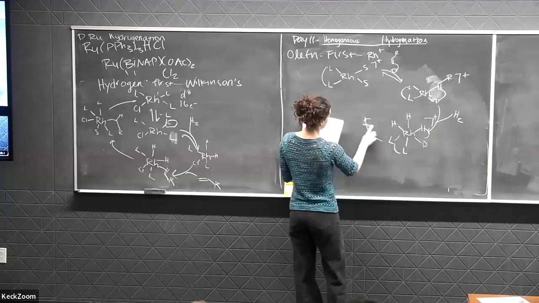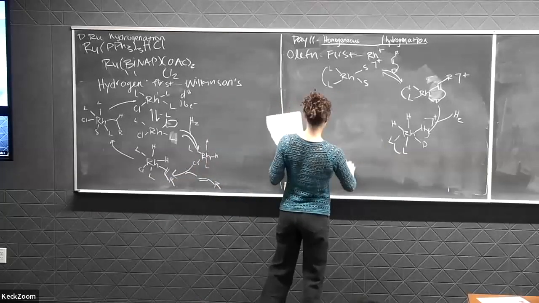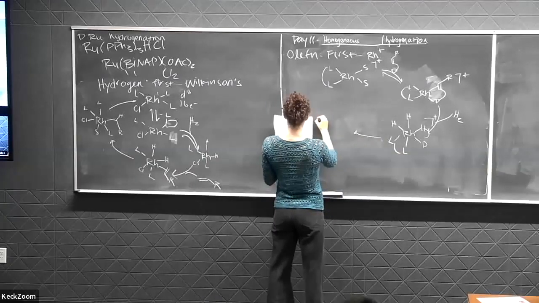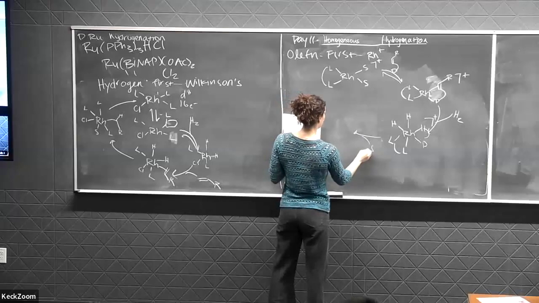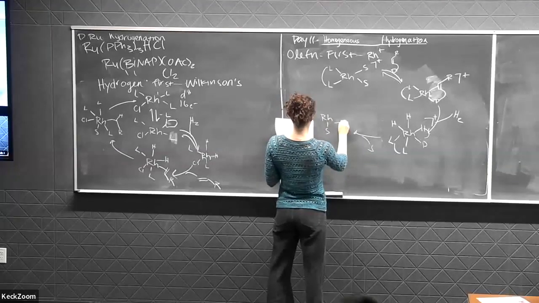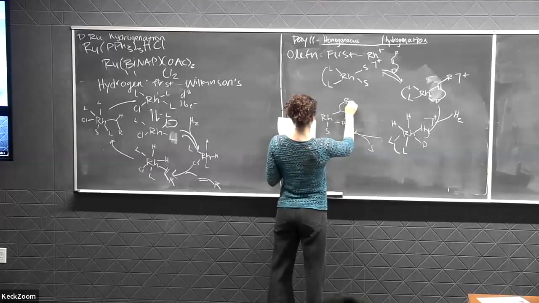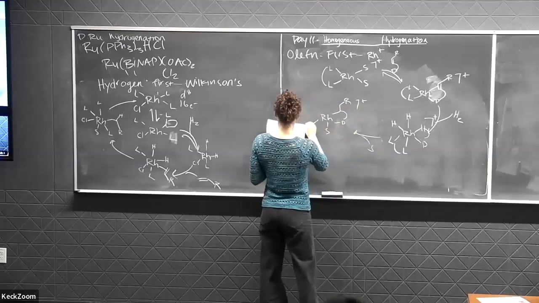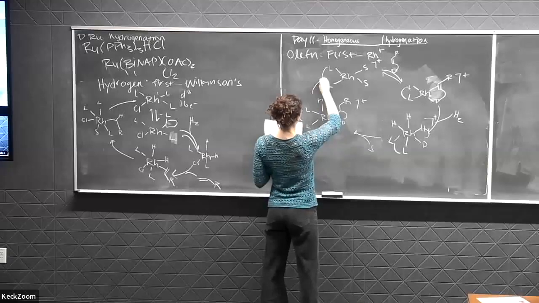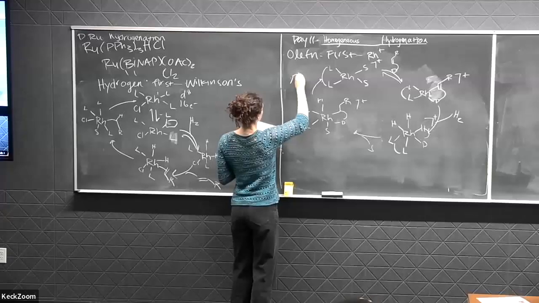Migratory insertion, which can be trapped by a molecule of solvent. And then reductive elimination to give the hydrogenated alkene.